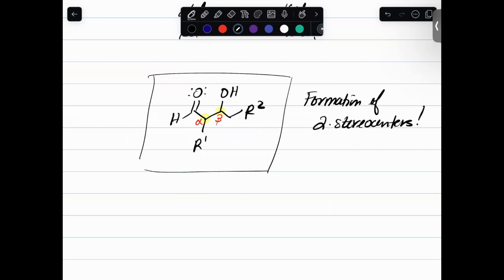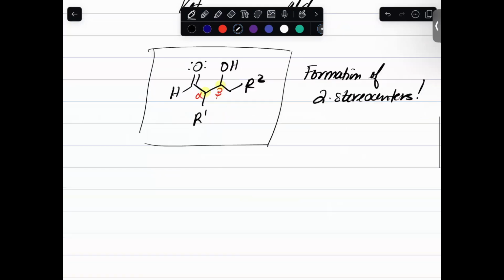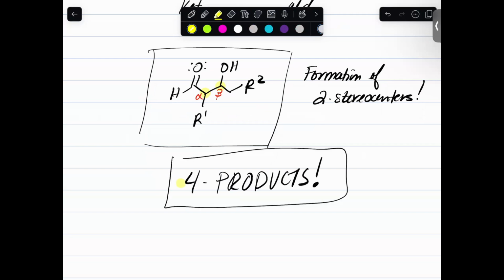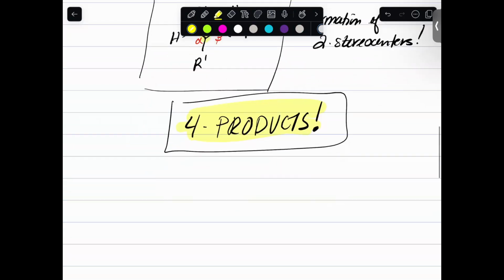We really do teach you the very basics in organic chemistry. And so what we're trying to focus on in this case is the fact that, hey, you are forming two stereocenters, which means that this really is a mixture of four products, making this reaction incredibly inefficient. Okay. And so let me go ahead and draw out those four products.